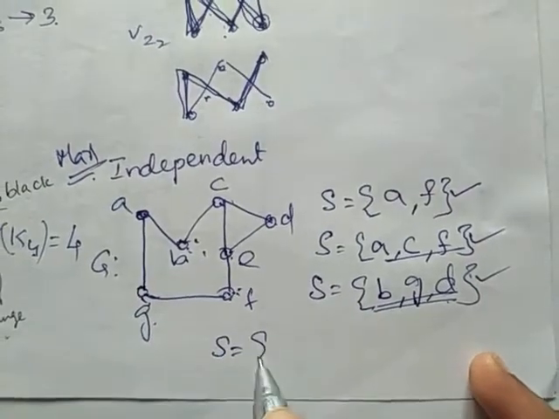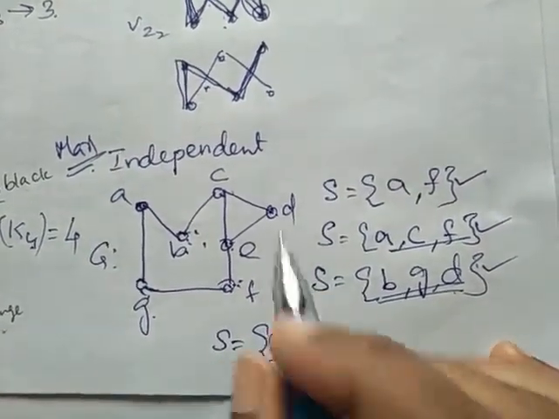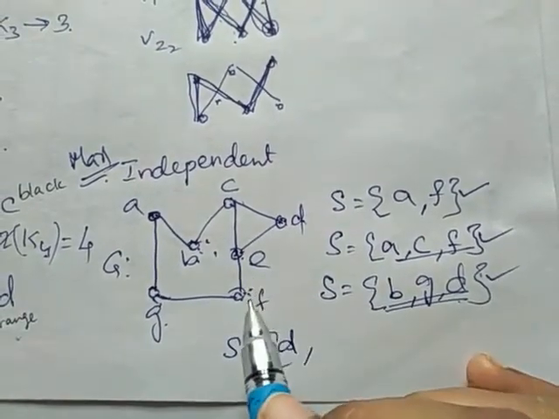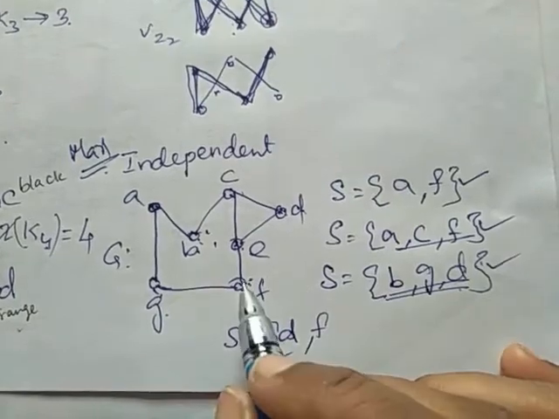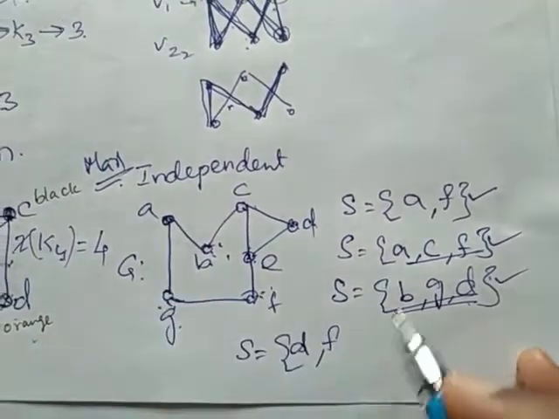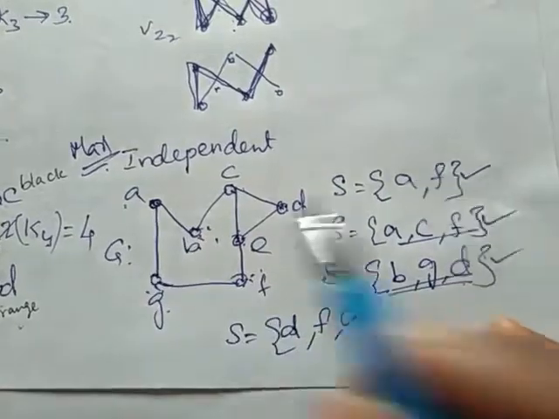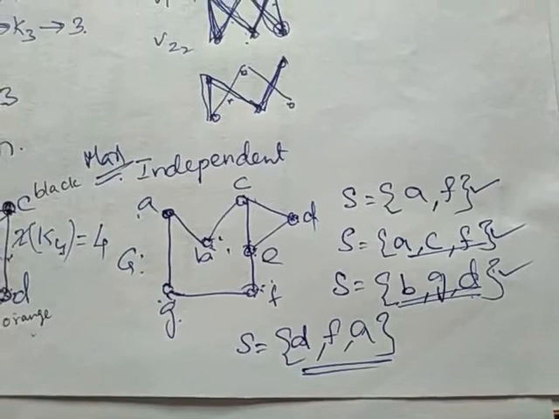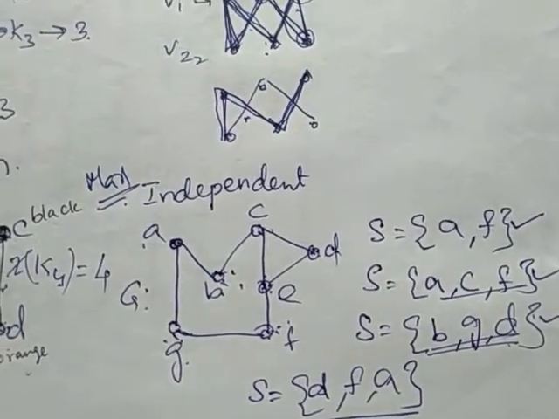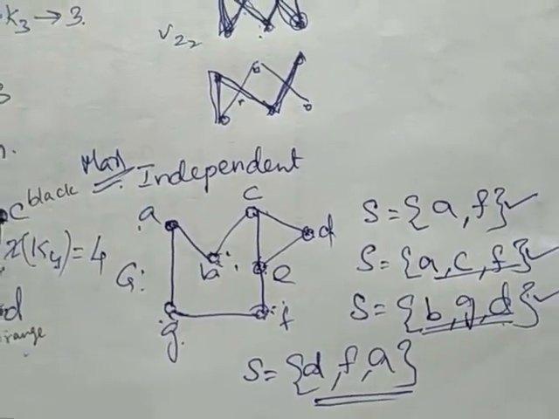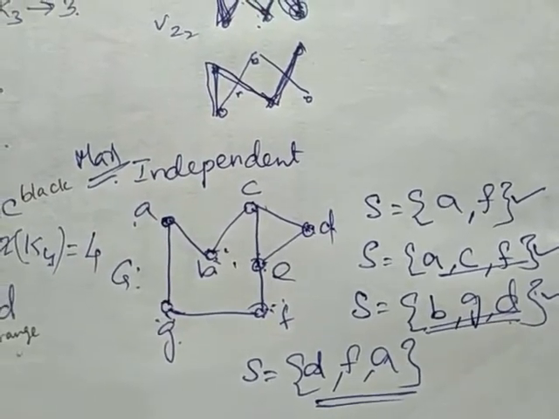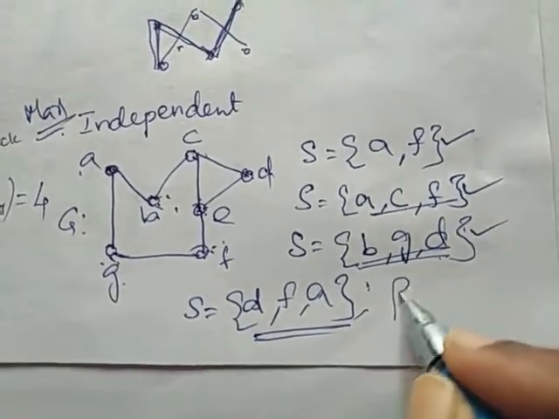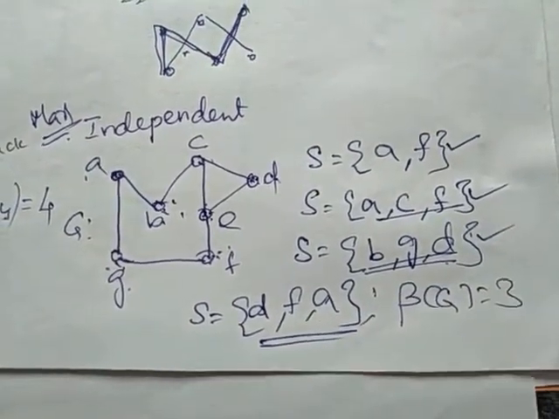If I start with D, C is adjacent to D, E is also adjacent to D, so I will take F. These 2 are adjacent, so I will take A. Again B is adjacent to this, so I cannot add any more vertices. The maximum cardinality of an independent set is called the maximum independent set number, and it is denoted by beta of G. Beta of G is 3 in this case.